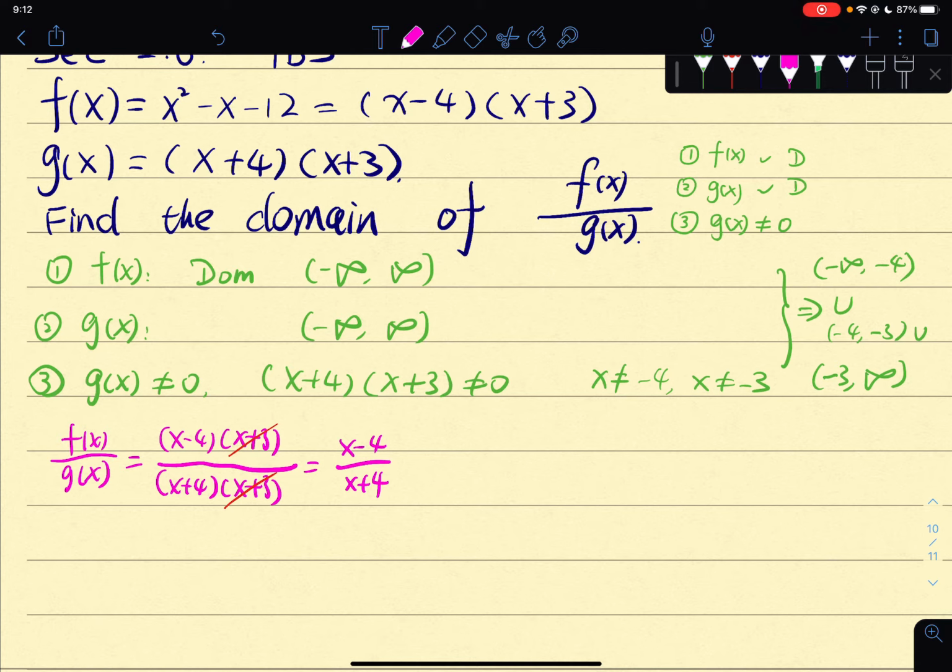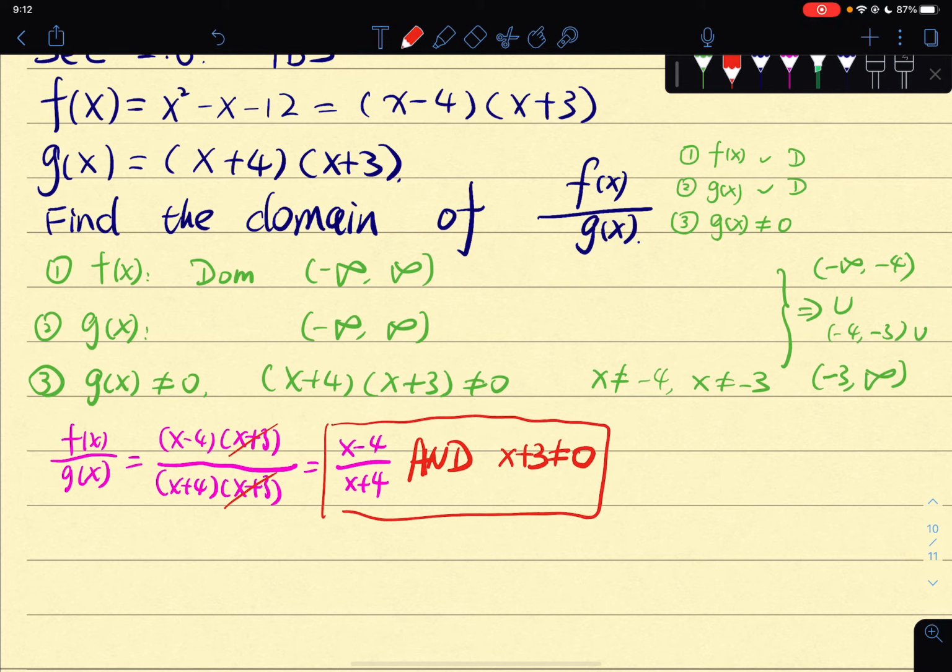So this is a common math practice, but whenever you do something like this, you add a statement, which is also what needs to be true, that x plus 3 is not 0. We've never told anyone to cancel a 0 term from numerator and denominator, right?